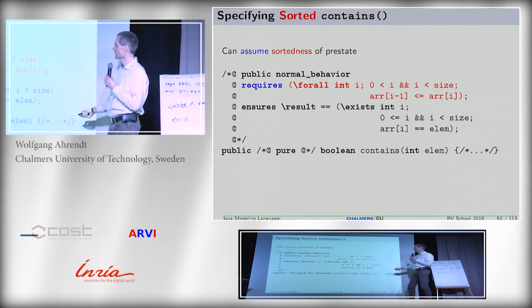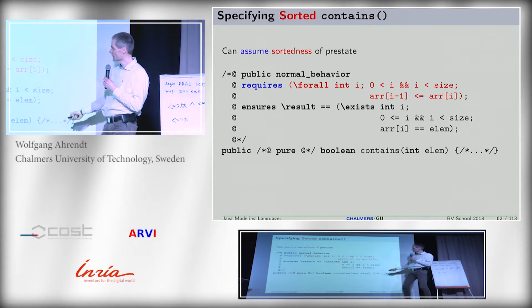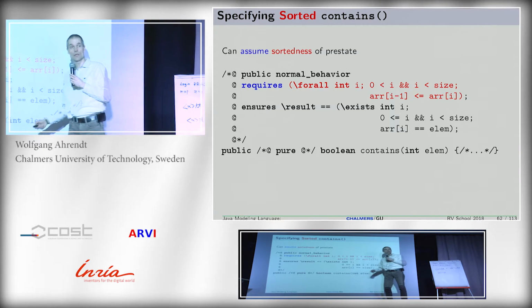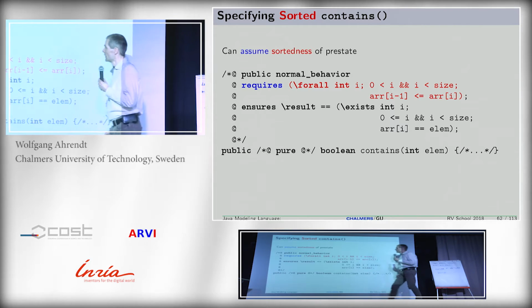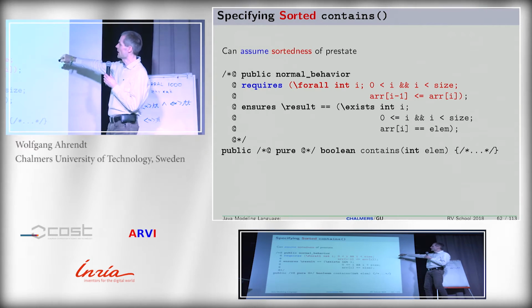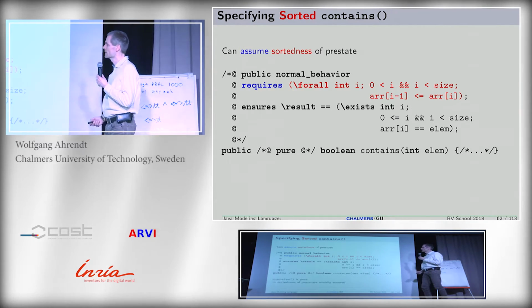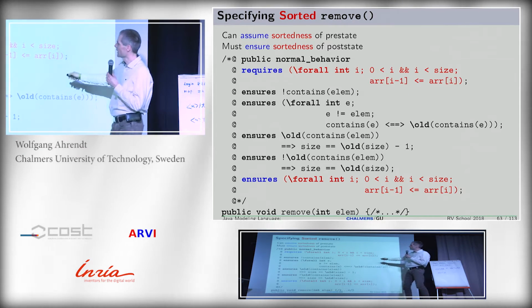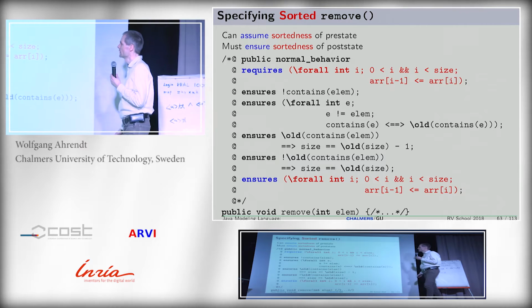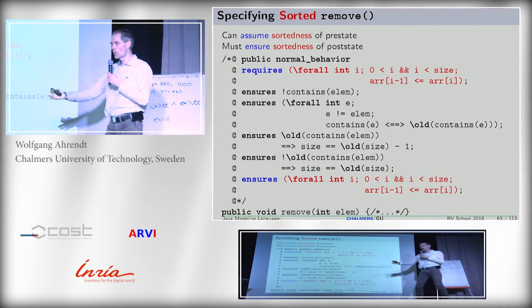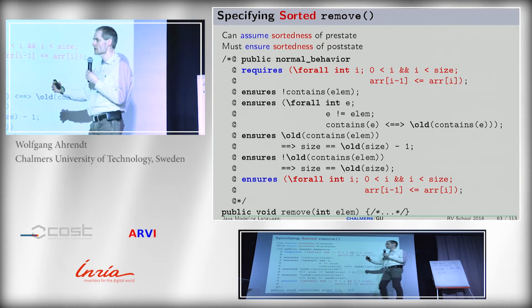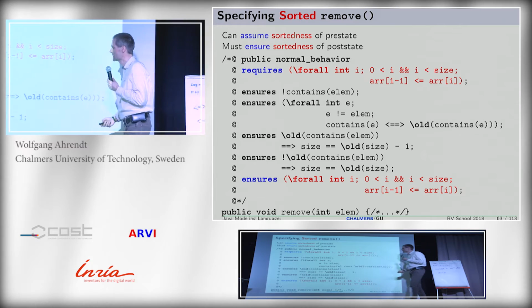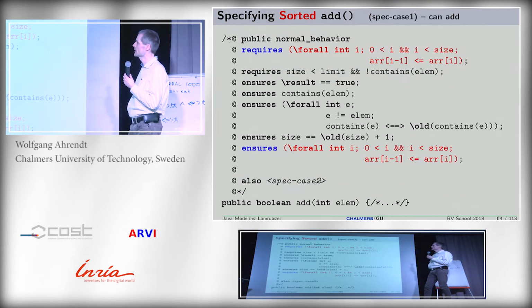So for instance, this contains method has to assume that, because the implementer of contains will rely on the sortedness. And we could do that by spelling it out in a requires, but that is not enough. Then we also have the remove, and then we would have to require and ensure it, because you remove in a certain way when some things are sorted, but you have to keep the sortedness.